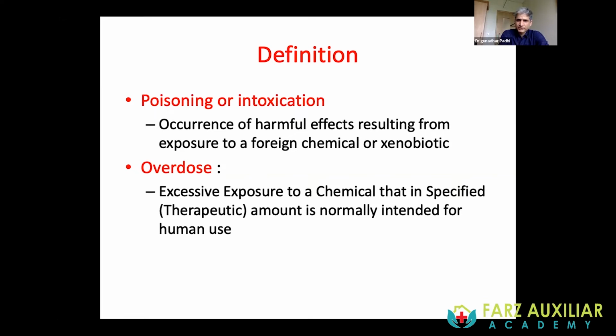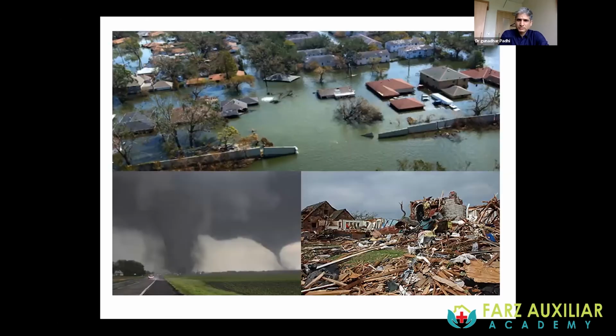It is very different from overdose symptoms. Overdose symptoms mean excessive exposure to a chemical, whereas intoxication or poisoning is the harmful effects resulting from the exposure. So these are the two different terminologies that the examiner usually asks about.